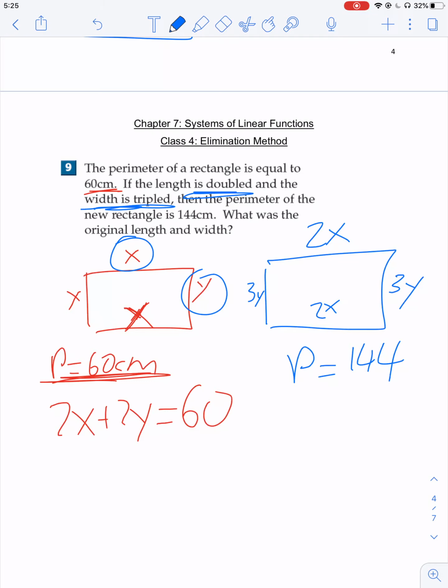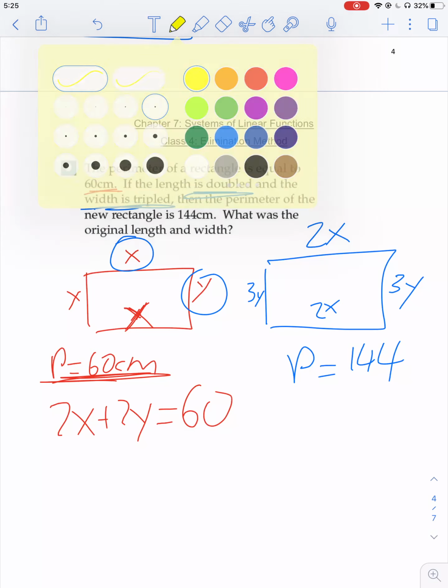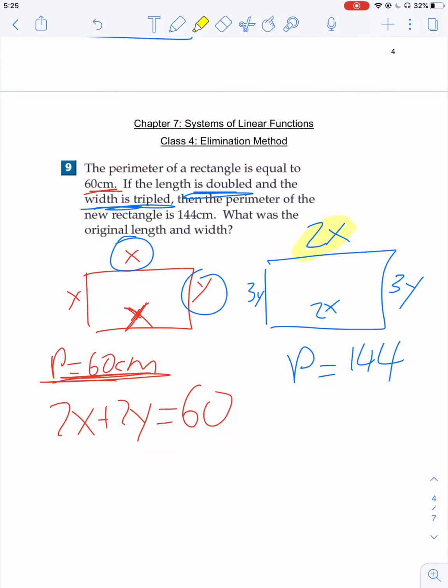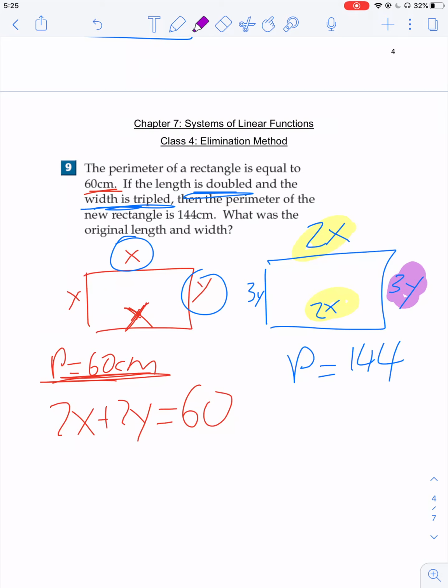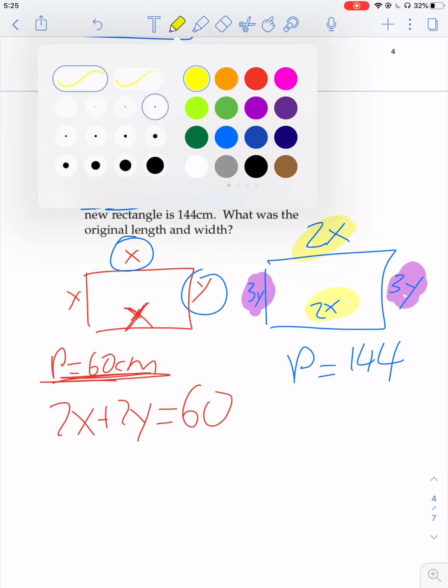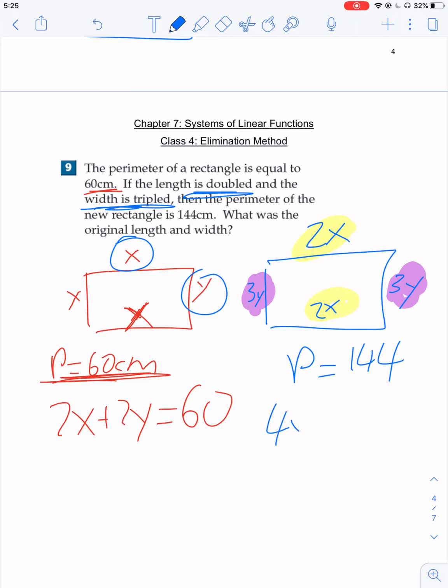So if you add everything up and combine your like terms, the 2x plus the 2x will give you 4x. And then the 3y and the 3y will give you 6y. So the second equation basically will simplify to 4x plus 6y equals 144.